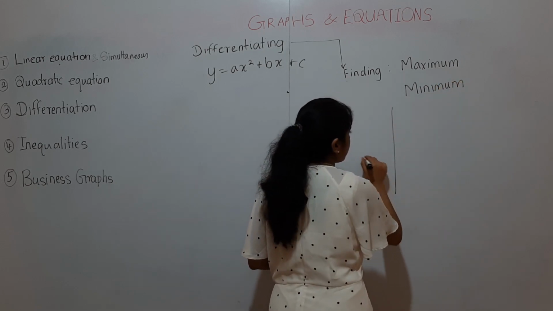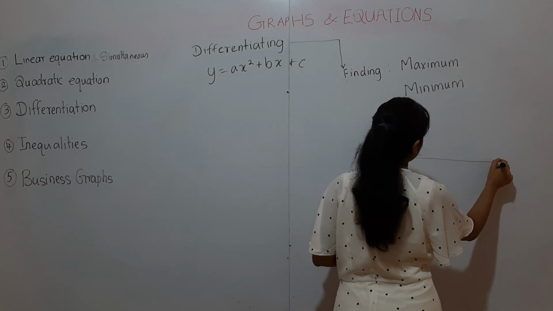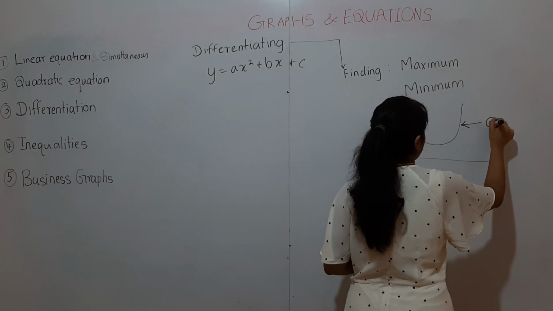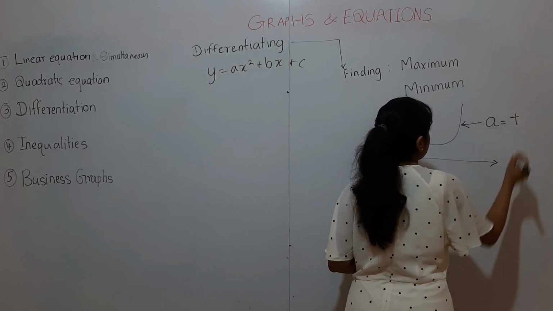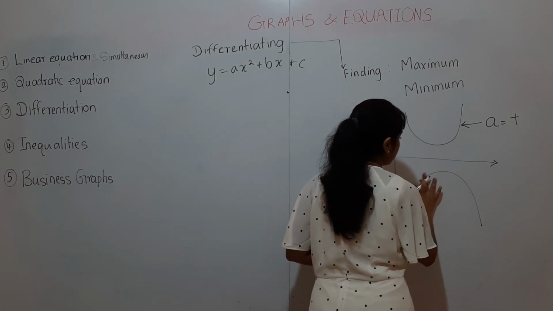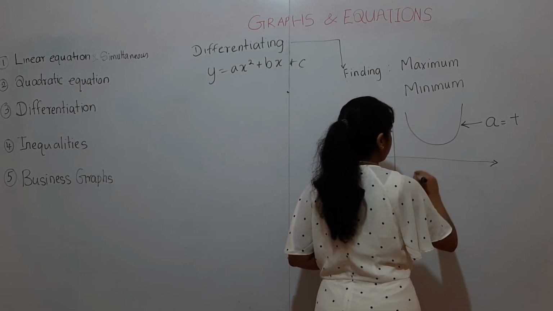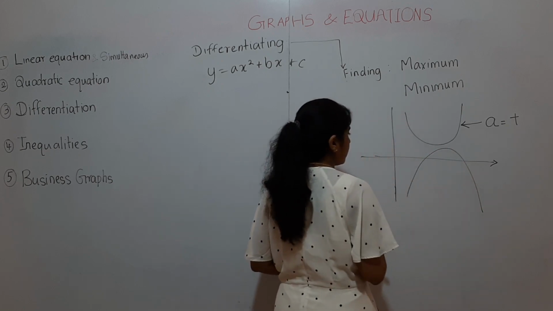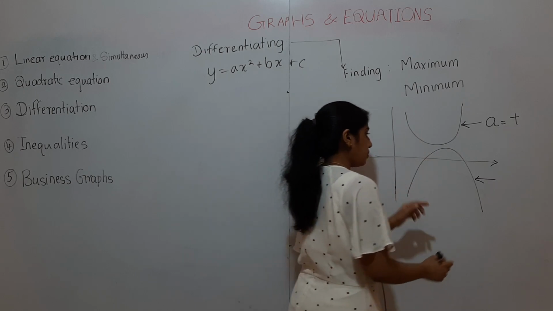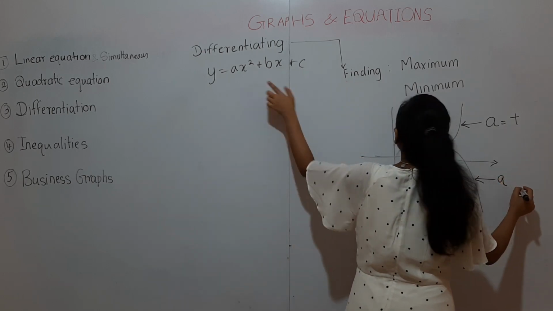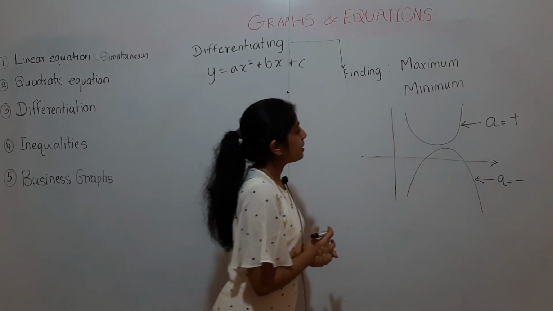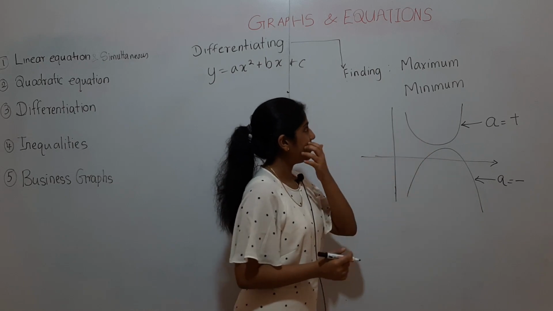If you take a parabola, it can come this way when a is a plus figure, like this. Then this shape will come if a here is a minus. Now, what is the maximum and minimum point?